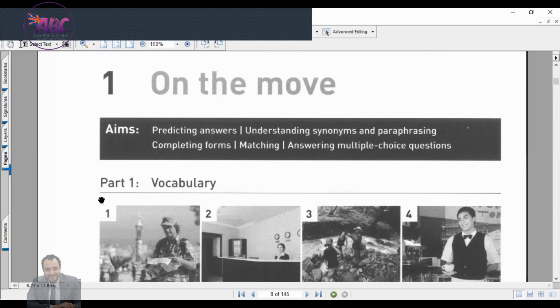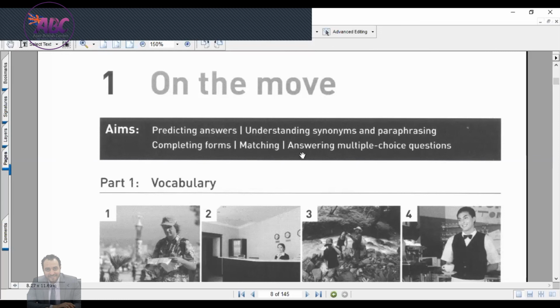The first here we have is part 1, on vocabulary. This one introduces vocabulary related to the topic and gives you the chance to use your vocabulary clearly and effectively. And of course, this also helps you to deal with synonyms, understanding synonyms and paraphrasing.